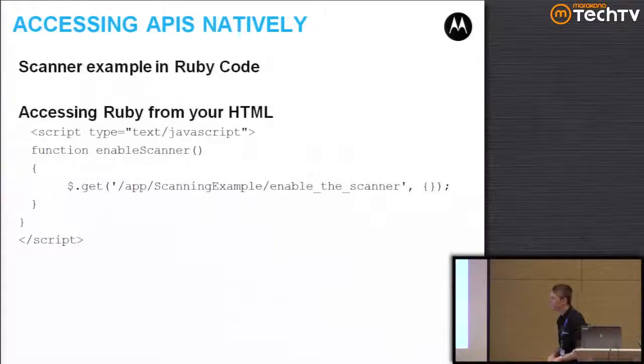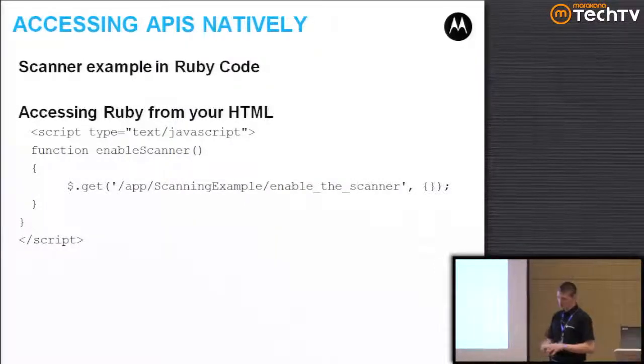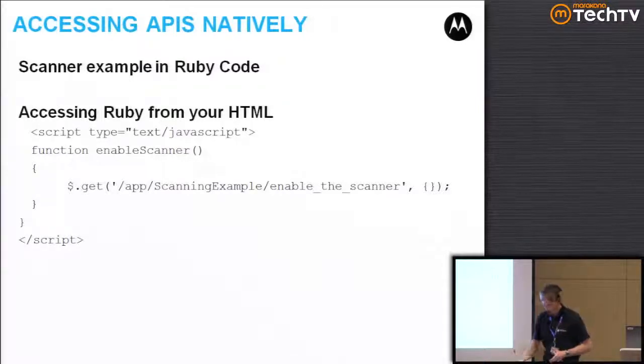But what about if we want to go the other way? So in our view, in our client that's not on the server, we have a JavaScript function, enable scanner. Now, we don't call scanner.enable. We want to tell our native application, enable the scanner.